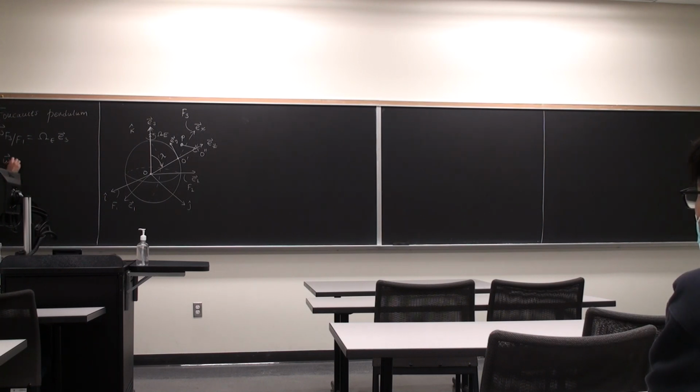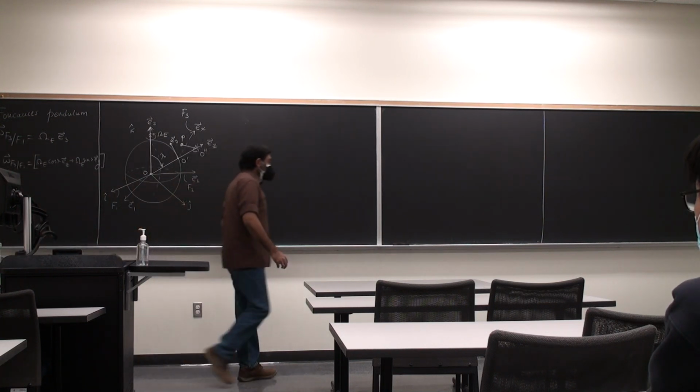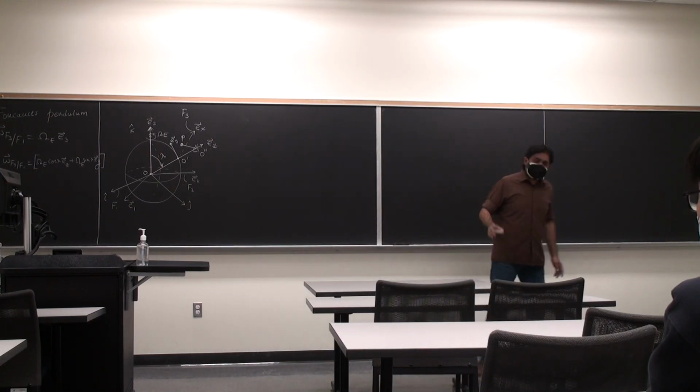This is omega sine lambda EZ, and omega cosine lambda EY. People in this line, can you see my writing here? Okay, I will stop at that point. These are things that we wrote down.